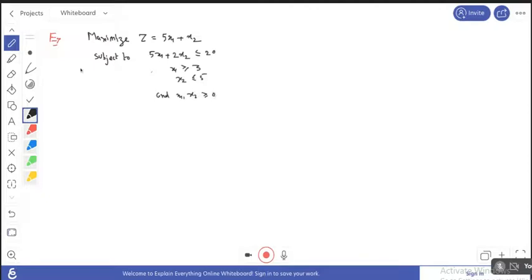Now these inequalities can be written in this form: 5 of x1 plus 2 of x2, and this is less than or equal to 20, and x2 is less than or equal to 5. Here you have to introduce a slack variable only, because this is equal to 20, no problem. This is a simple solution.